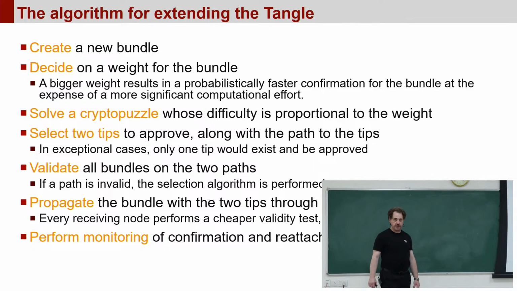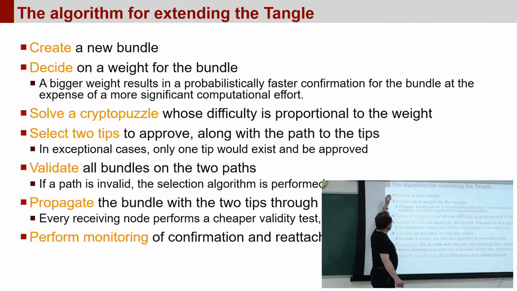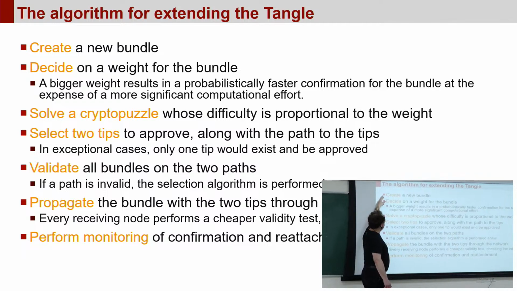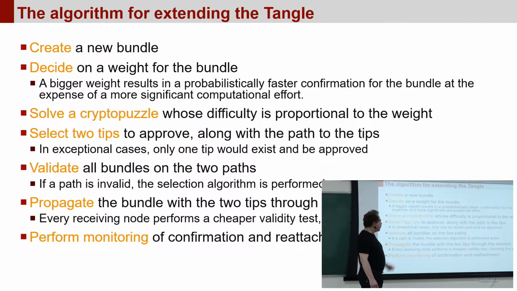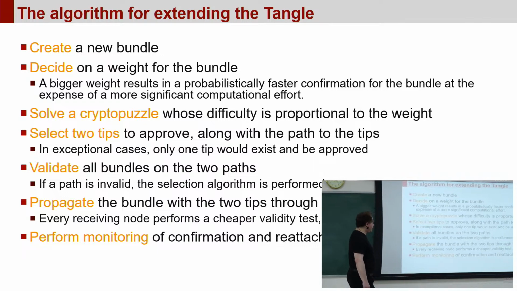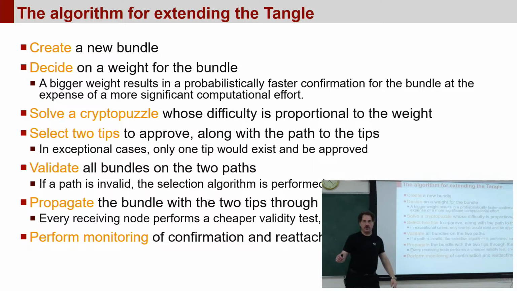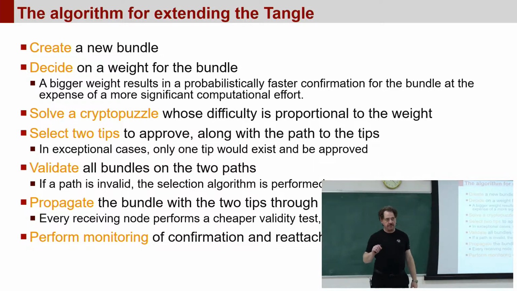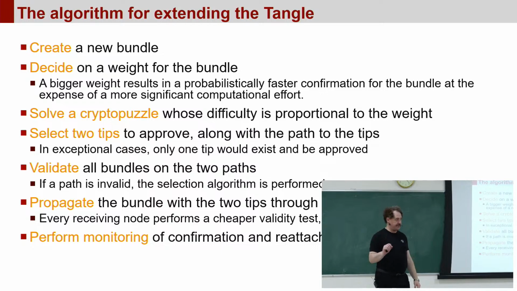I believe this is the minimum possible value. Okay, again, the issuer creates a new bundle, decides on the weight, solves the crypto puzzle, whose difficulty is proportional to the weight, and then it needs to decide which two existing tips to approve. And the algorithm to do that is actually quite elaborate and not simple.